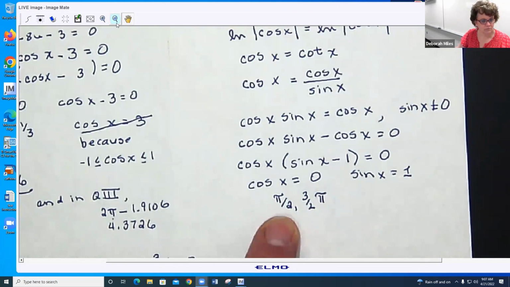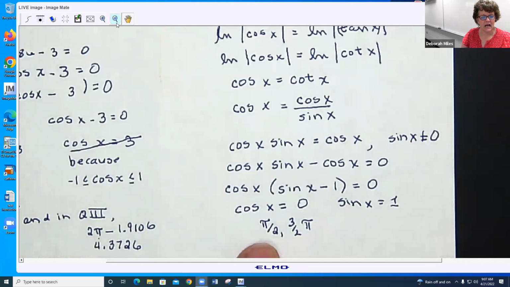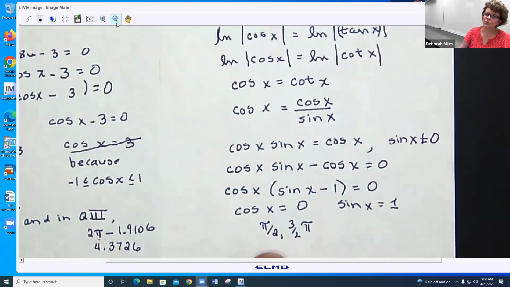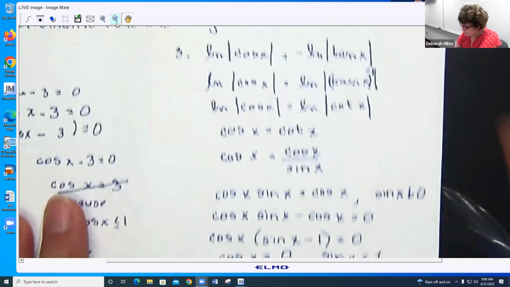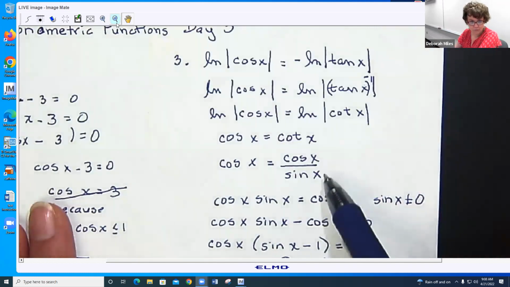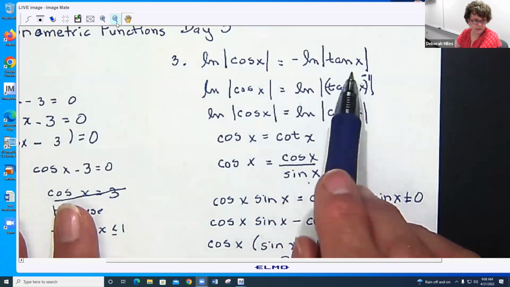There's a problem though. Brady, this is similar to the one you asked me about last night. Brady sent me one that said, I got these two answers, but when I clicked check my answer, it's not including one of the answers I have listed. You always have to go back to your original equation anytime fractions are involved. And right here we had fractions involved, and tangent is a fraction.